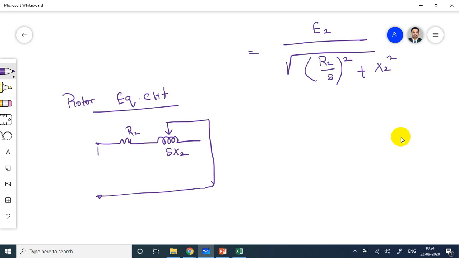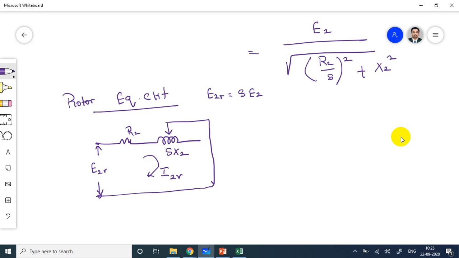And this is E2R, and the current flowing here, because it is a closed loop, is I2R. So now we already know E2R equals S into E2.